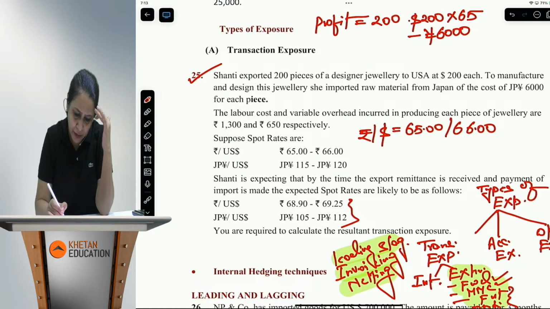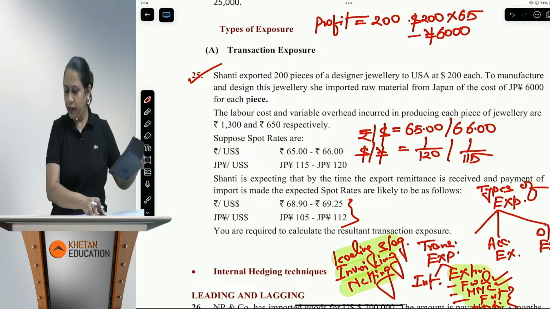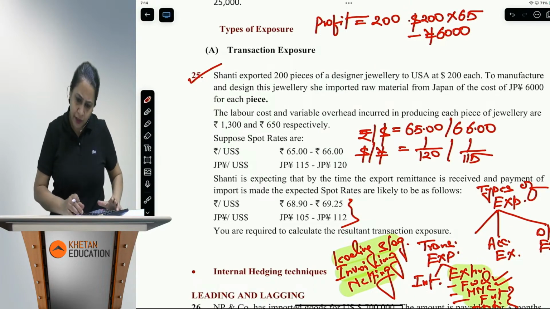And this is basically yen per dollar, which is given to you, but I want dollar per yen, and that will be 1 by 120 and 1 by 115. Agree, all of you? And the rate that I get would be 65 divided by 120.